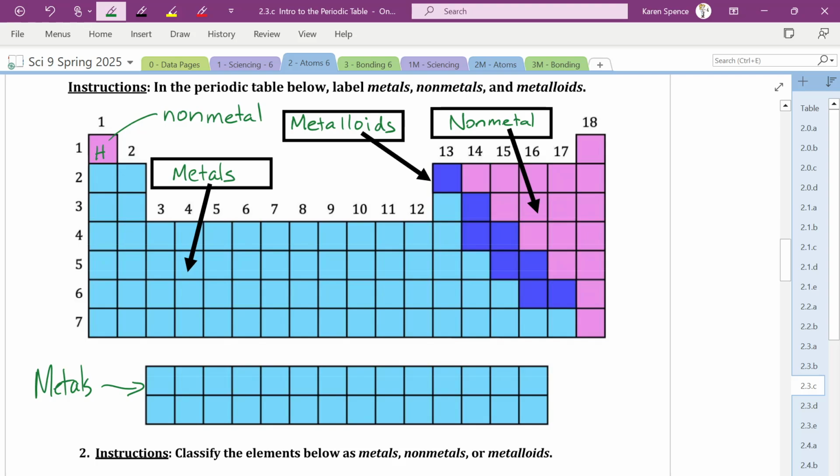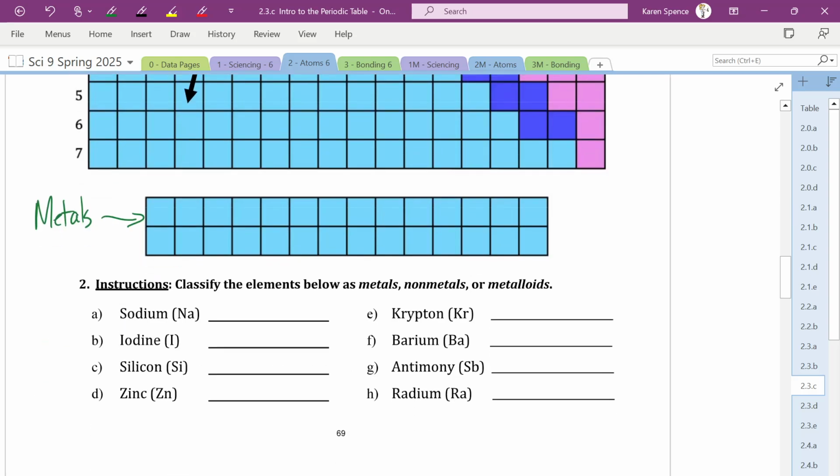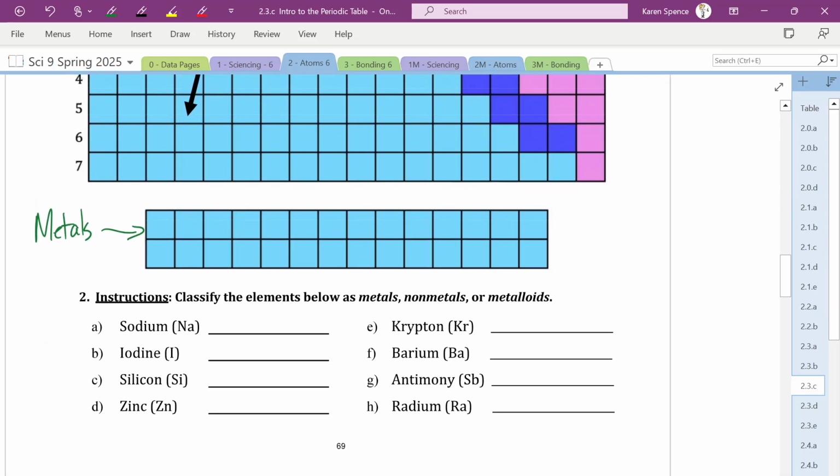So what you get to do now is you get to go find these elements on the periodic table and decide, is it a metal, is it a non-metal, or is it a metalloid? Okay? And you can just write metal, non-metal, or I don't know, ML for metalloid. You could do that if you like. Okay?